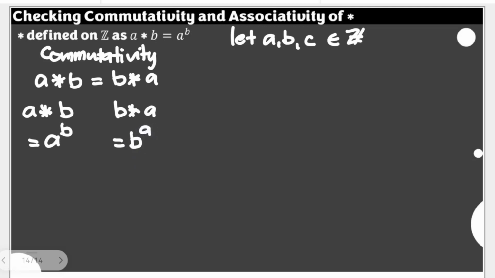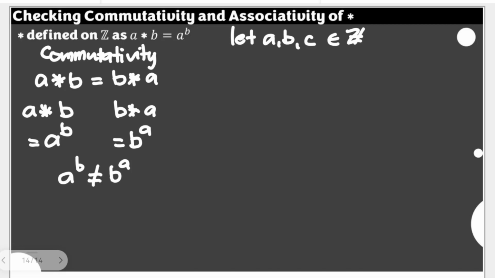Now, A to the power of B is not necessarily equal to B to the power of A, unless B is equal to A, as long as they are not equal to 0. If B is equal to A, they will have the same result. But we are talking about all elements A and B in Z, so this is not true all the time.